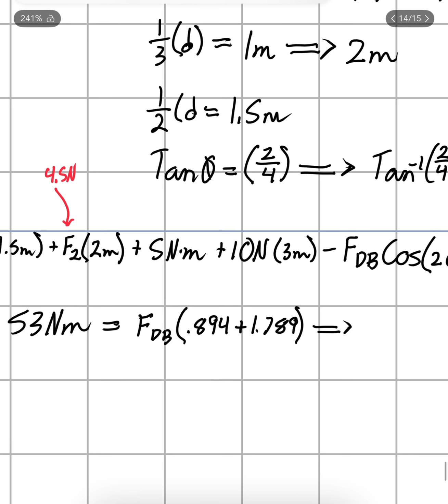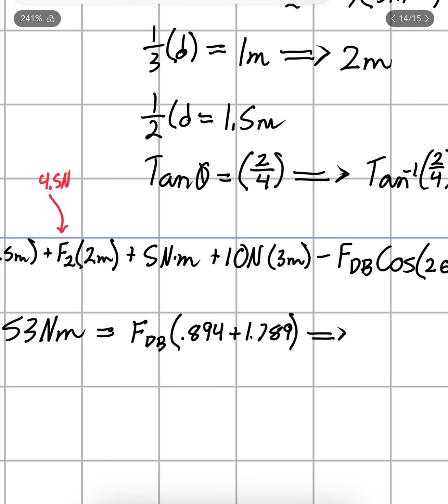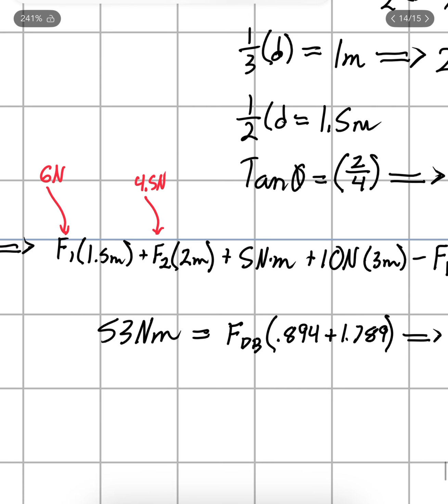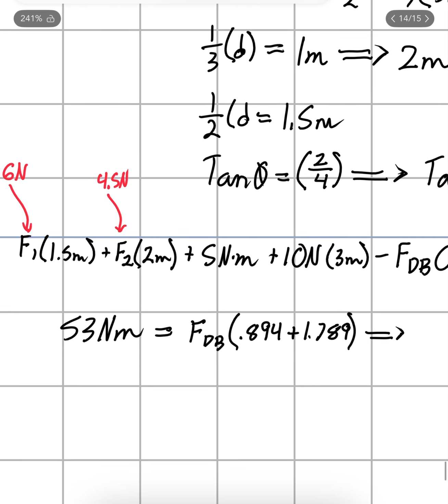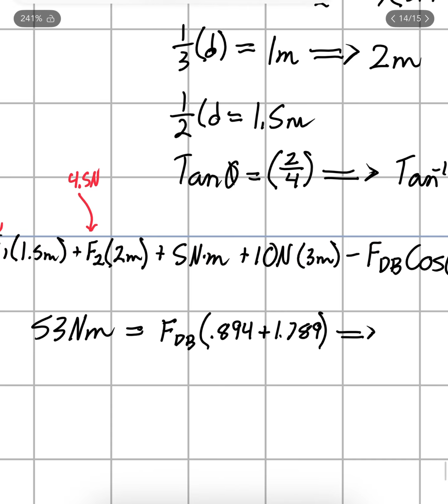Now, adding those together, we get 2.683. So that means 53 Newton meters equals FDB times 2.683. Now, if we calculate that, we need to divide the 53 by 2.683.